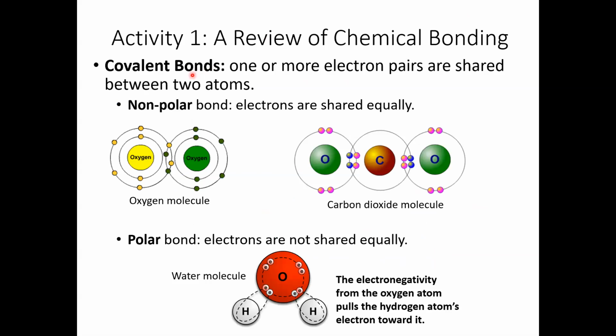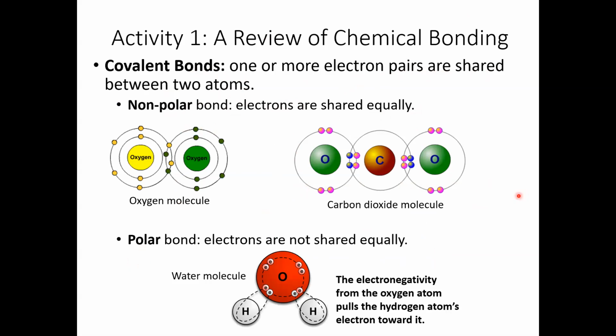Here's just some more covalent bonds. 1 or more electron pairs are shared between 2 atoms. You can have, like I said, single, double, or triple bonds. You can also have nonpolar bonds and polar bonds. In nonpolar bonds, the electrons are shared equally, and they form this linear representation as shown here.